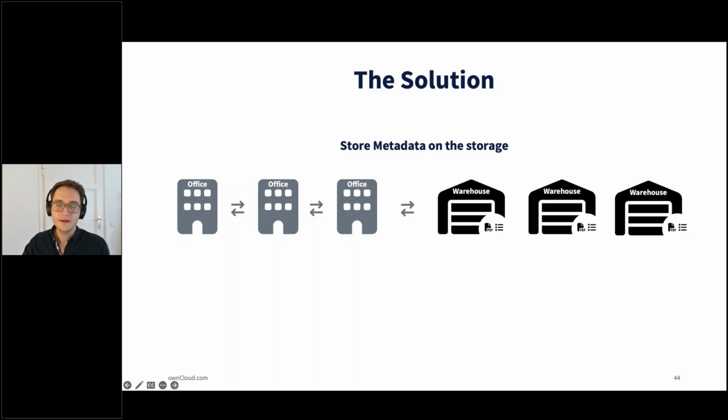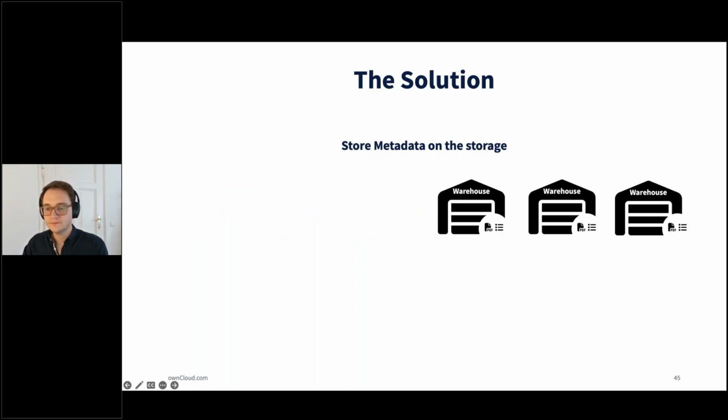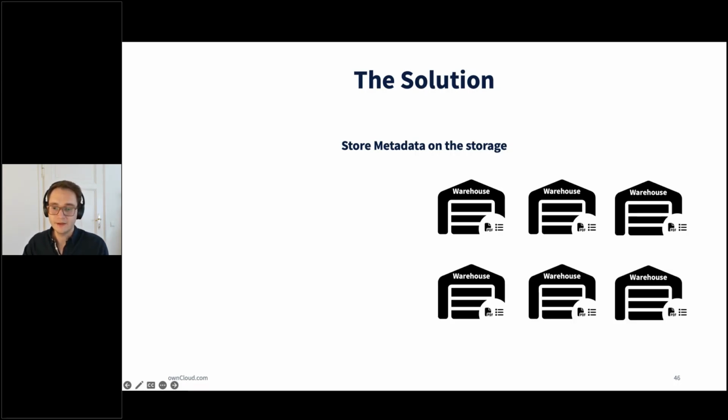So this means that next to the actual data, the metadata will be stored, which means that you only need to take care about the storage. And this has, of course, the advantage that you can just increase the amount of storage and scale out easily without having to worry about any database architecture issues.